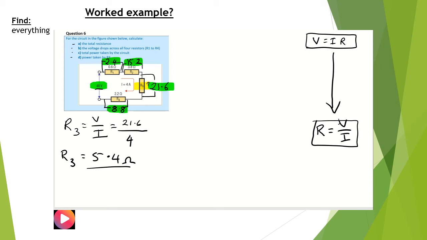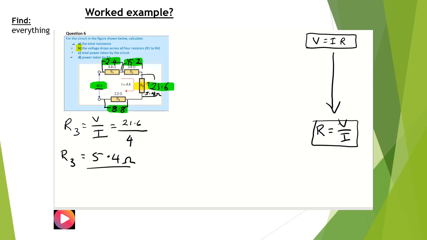So that gives us 5.4 ohms. Can I write that in there somewhere? 5.4 ohms. Okay, so we have calculated all the bits and pieces to do with that answer there.